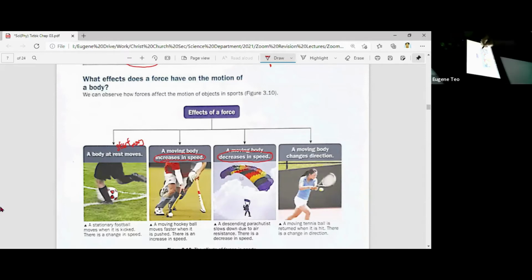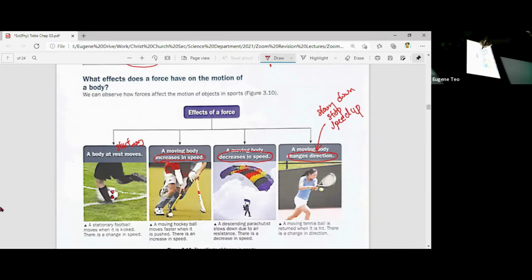And last one, it can cause a moving body to change direction. I think racket sports are a very clear-cut example. Now, in actual fact, when you talk about changing direction, what happens is you're slowing the object down, so there's a decrease in speed. Then the object comes to a stop. Then you cause it to speed up again.